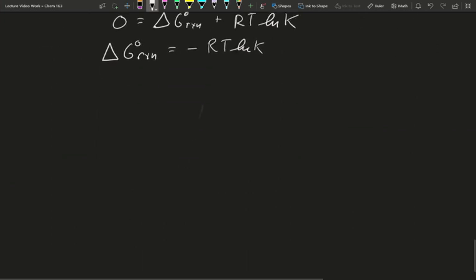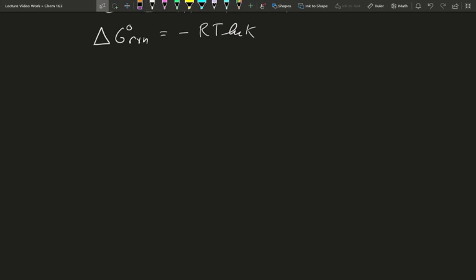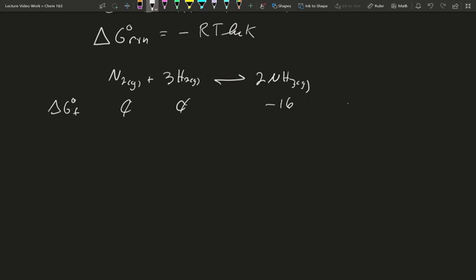Let's take a look then and actually calculate out an equilibrium constant. If I have N2 gas plus 3H2 gas in equilibrium with 2 NH3 gas, well, my delta G naught, again, was 0, 0, and minus 16, so the delta G naught of this reaction was negative 32.